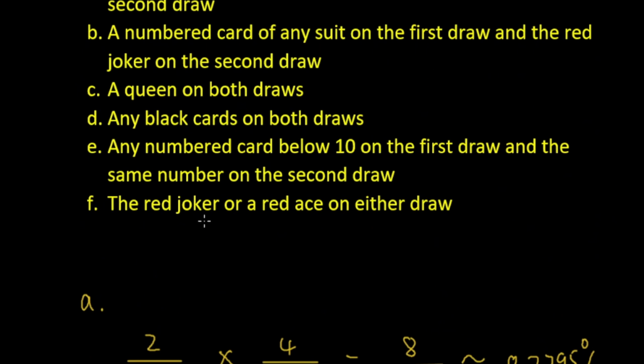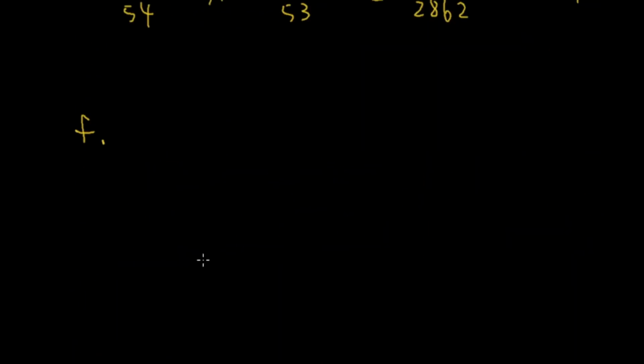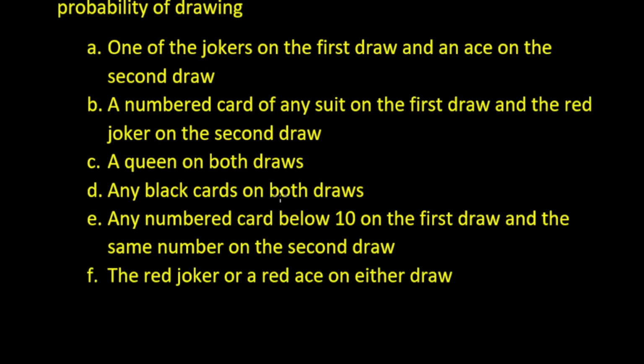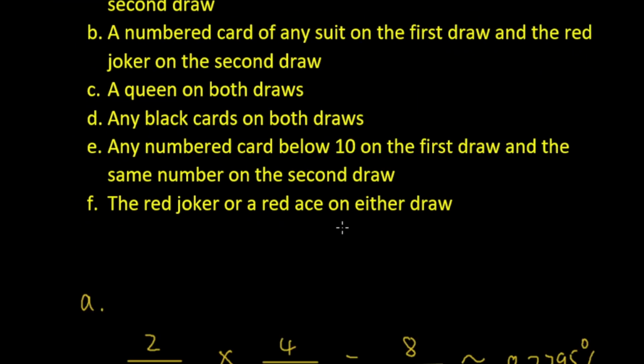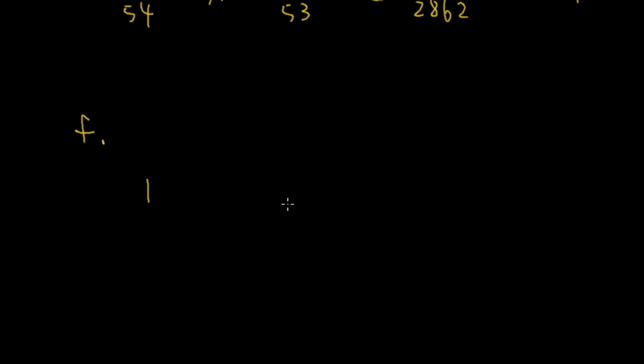How many red jokers are there in the cards? 1. So there's only 1 red joker you can draw. How many red aces can you draw from? There are 2, because there are only 4 aces in total. 2 of them are red and 2 of them are black. So really, there are only 2 red aces.